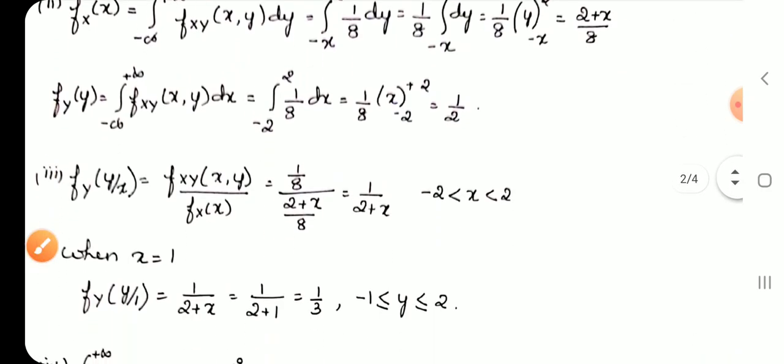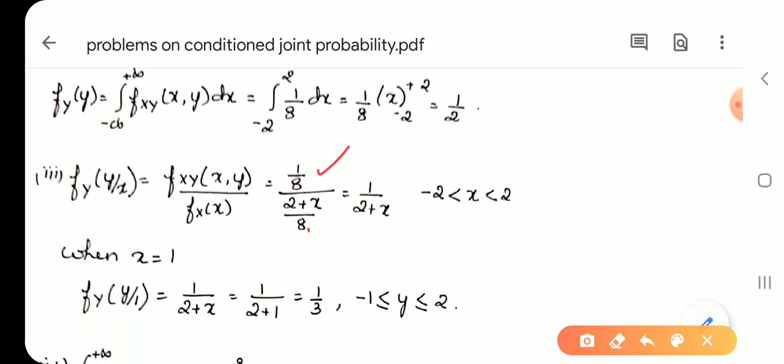So the values are ready. We will substitute, and the 8 cancels. We get 1 by 2 plus x, for minus 2 less than x less than 2.